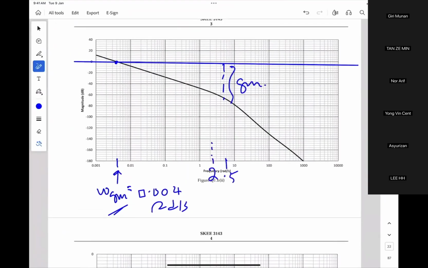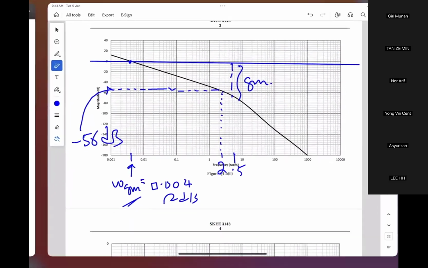So, naik. Kat situ. How many dB? Negative 56. Okay. Negative 56. You baca betul-betul tu, dia punya scaling tu.